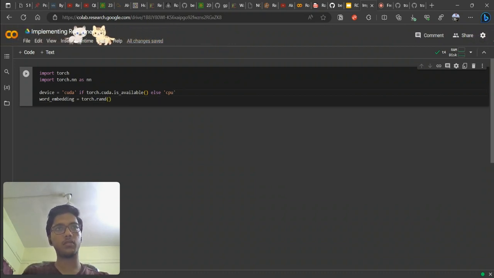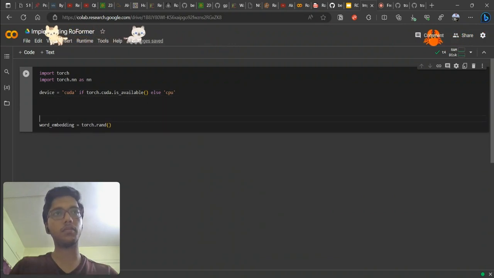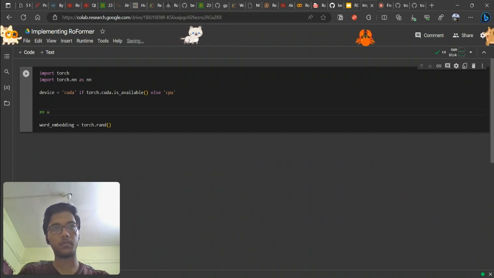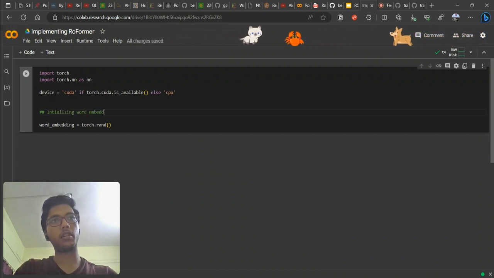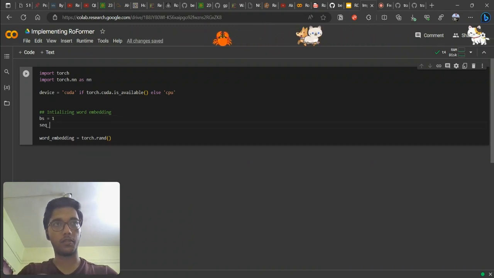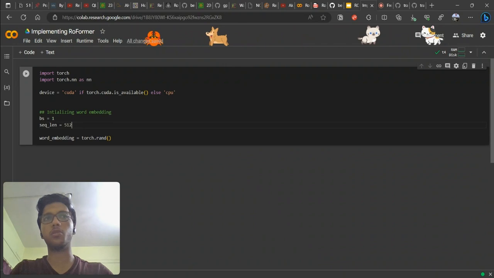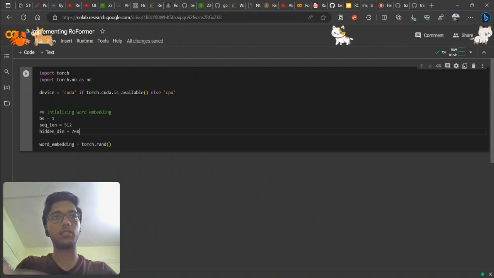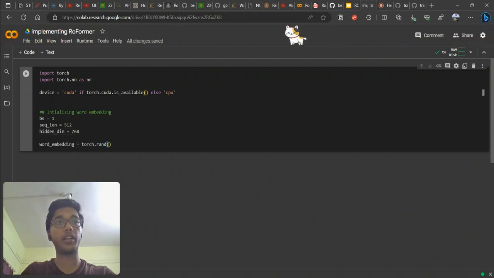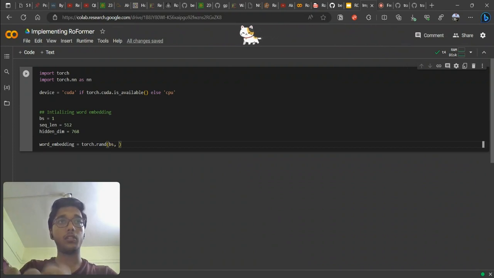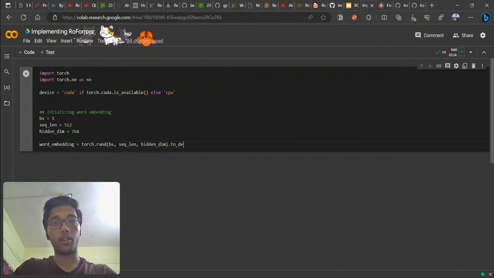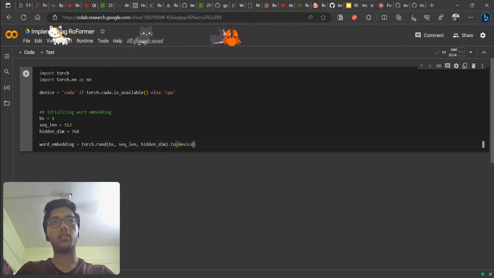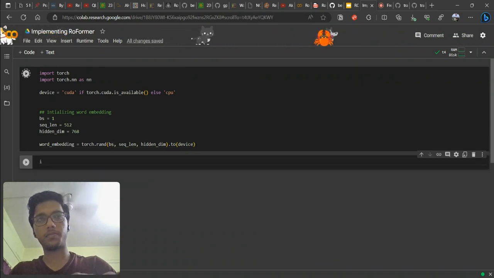Let's initialize it here: batch size equal to 1, sequence length 256 or 512, we can go with that, and hidden dimension 768. That's it. So this is the first part.